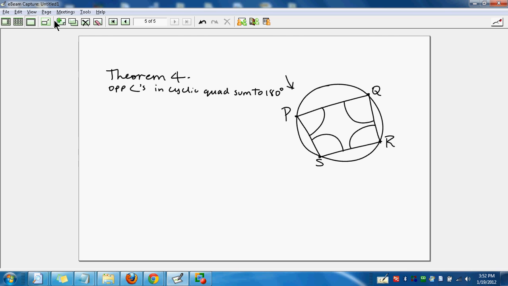Now, we will do an example, and you're writing down now the example that we'll be solving to deal with this theorem. So write in example.